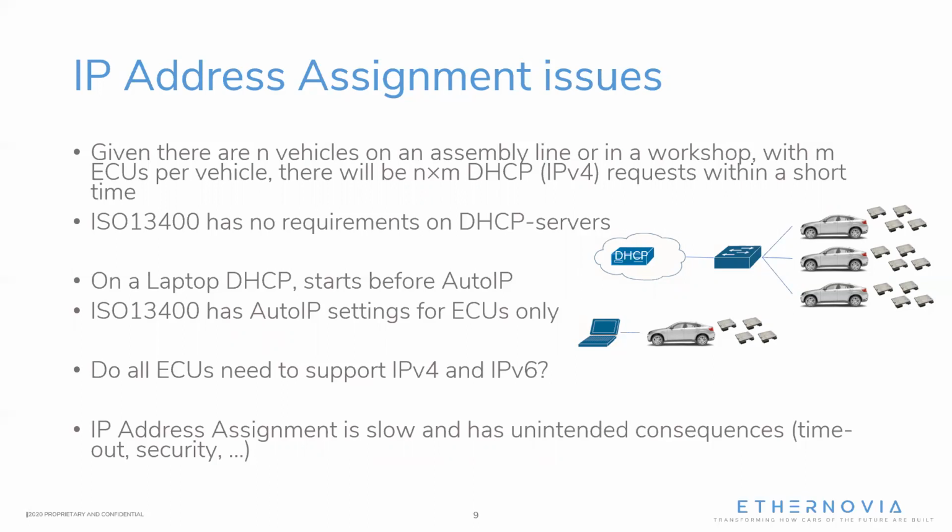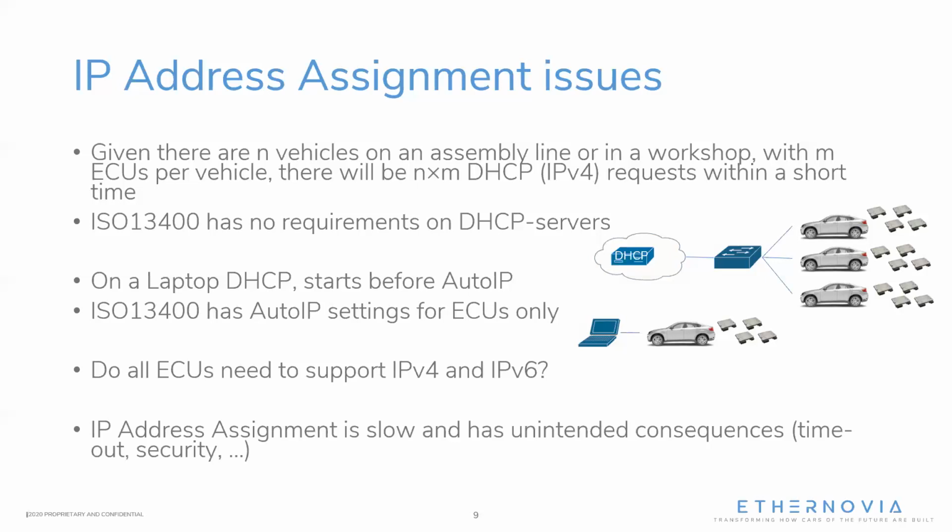And so we either have a chance of completely overloading DHCP servers with all the number of vehicles times number of ECUs requests that are hitting this DHCP server once the vehicles are connected.